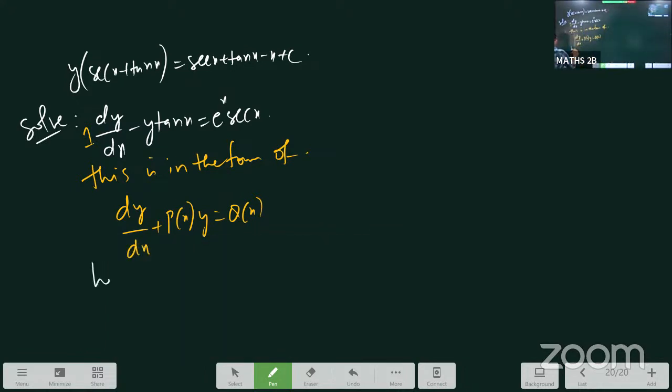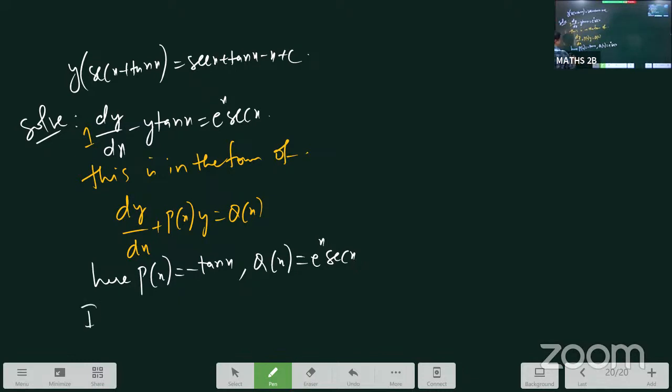So here, p of x is minus tan x. Along with the minus, you should consider it. And q of x is e power x into secant x.